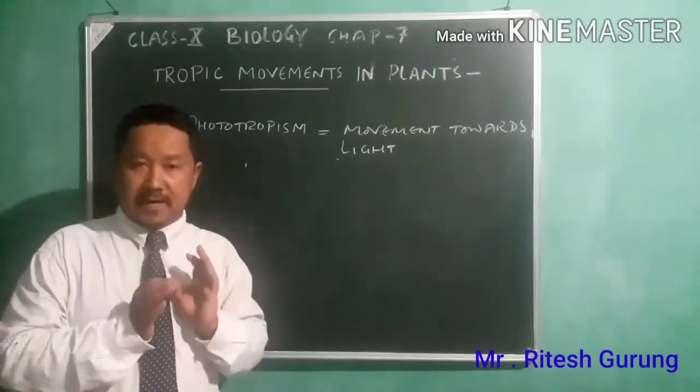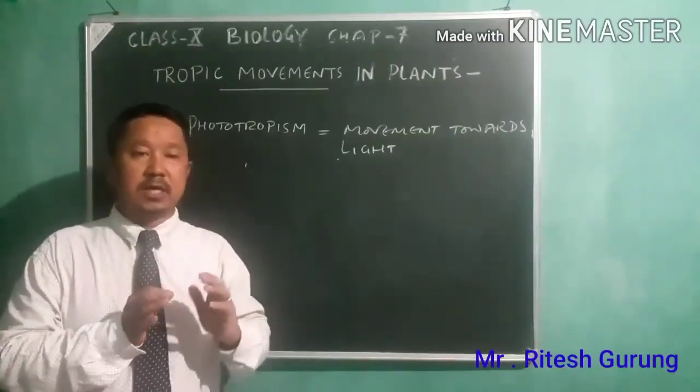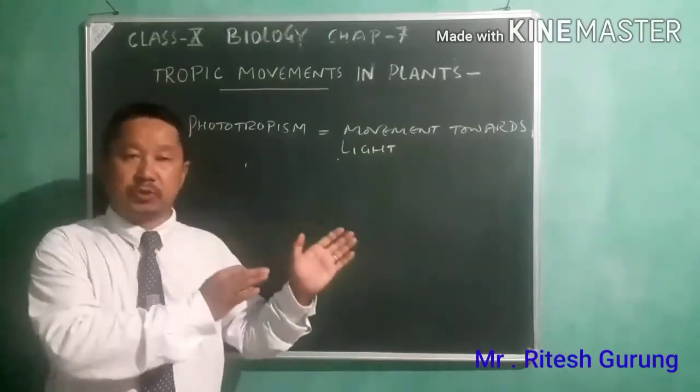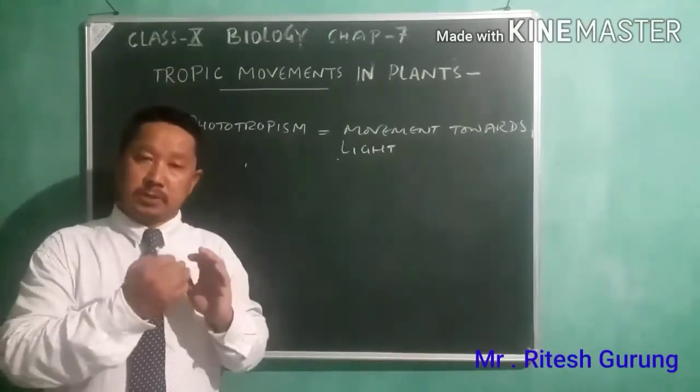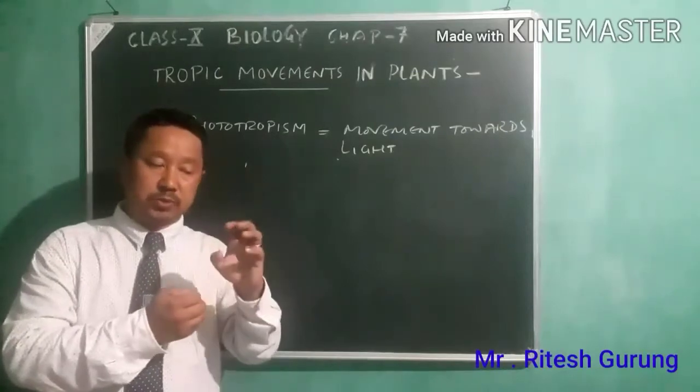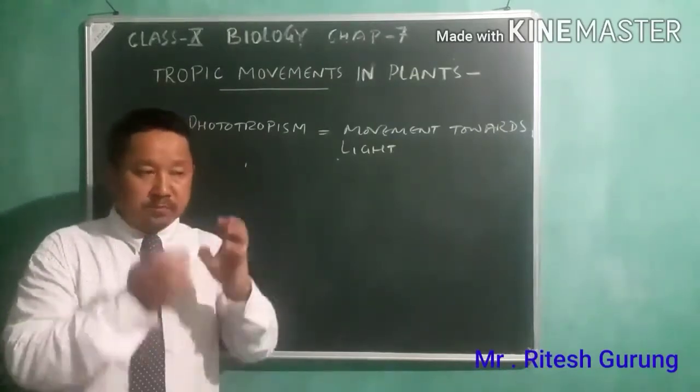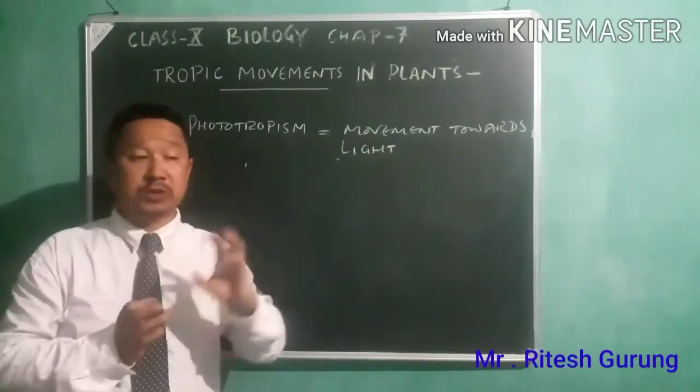If you see a plant where obviously the shoot system is seen, then suppose some portions of the root, some roots are also exposed.